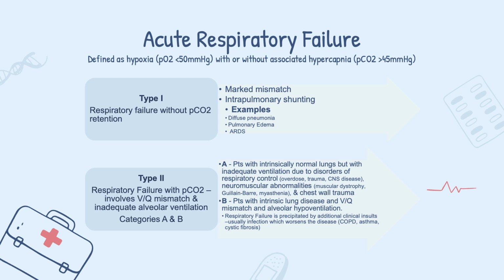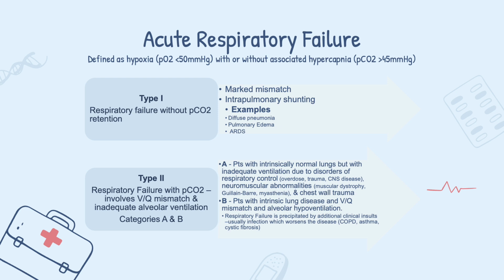And then we have type 2. So this is respiratory failure with an increase in PCO2. That involves a VQ mismatch and inadequate alveolar ventilation, and that's broken down into two separate categories, A and B. Category A of type 2, those are patients that have generally normal lungs, but they have inadequate ventilation due to disorders of that respiratory control, so that respiratory drive.